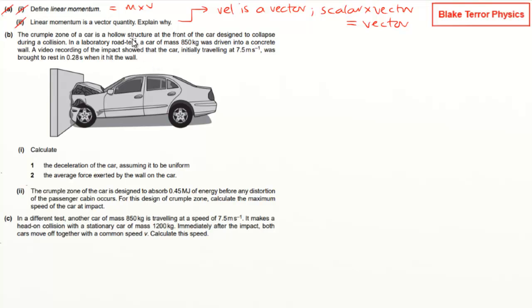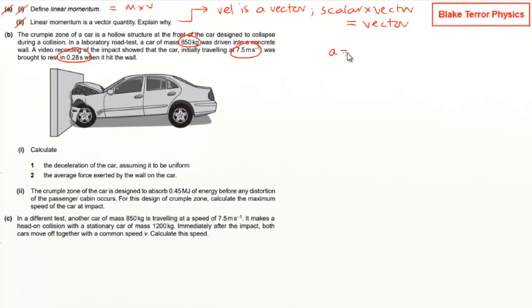The crumple zone of a car is a hollow structure at the front of a car designed to collapse during collision. In a lab road test, this 650 kilogram car was driven into a wall, traveling at 7.5 meters per second and brought to rest in 0.28 seconds. Calculate the deceleration of the car.